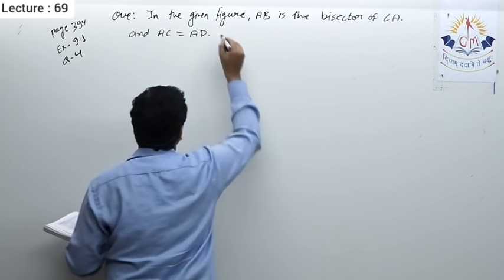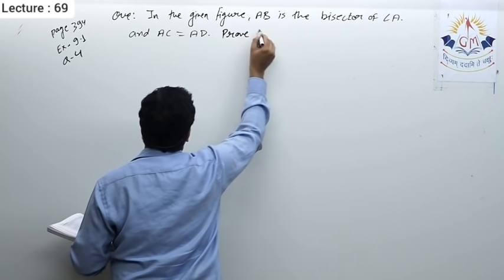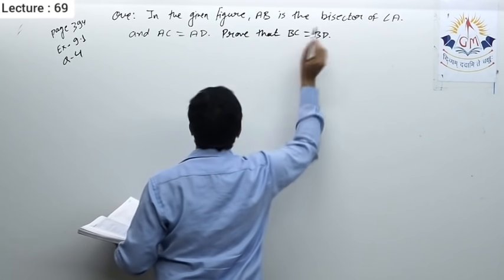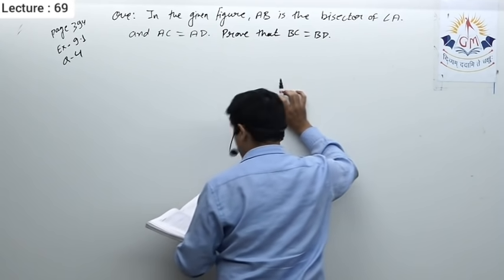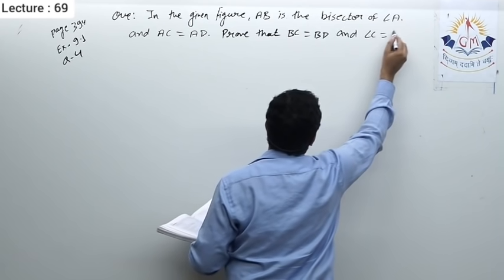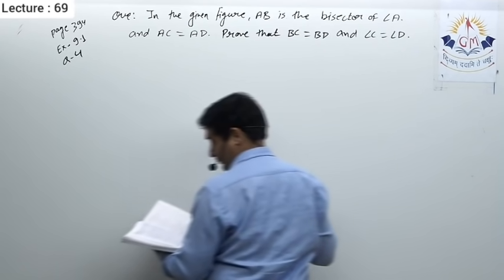Prove that BC is equal to BD, and angle C is equal to angle D.